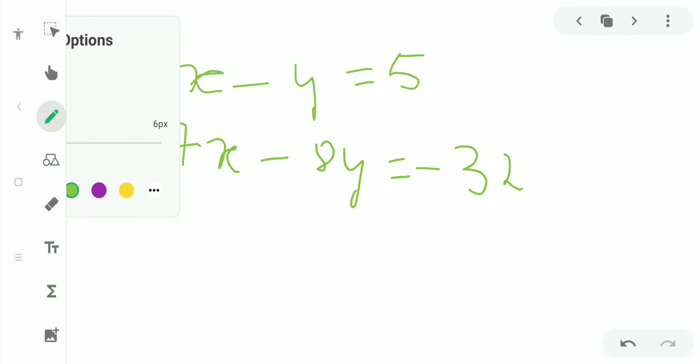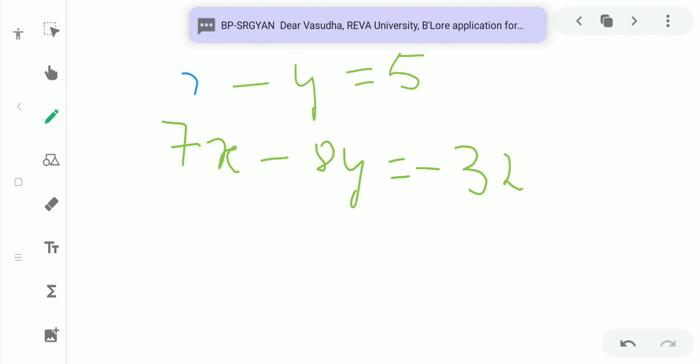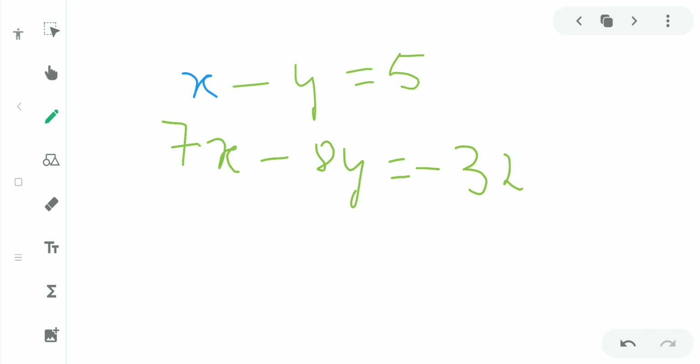Now we will solve it by the method of elimination by equating coefficients. I want to equate the x terms, x and 7x. So I will multiply this equation with 7 and the other equation with 1.